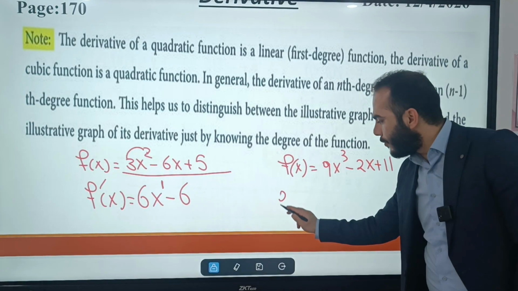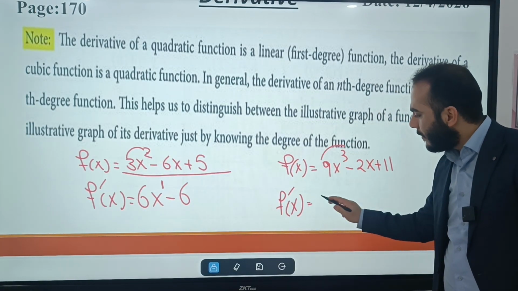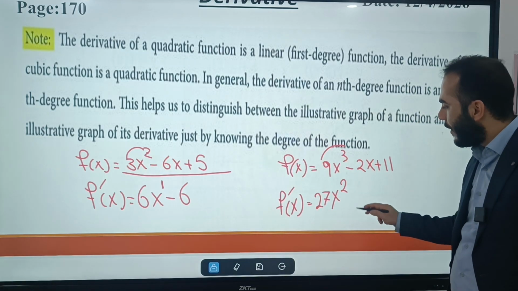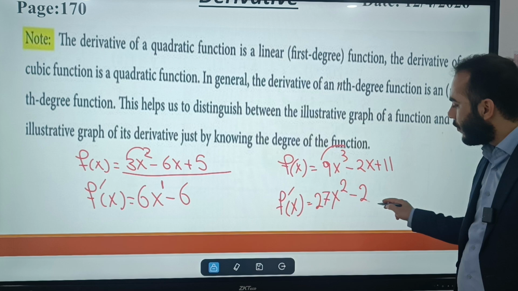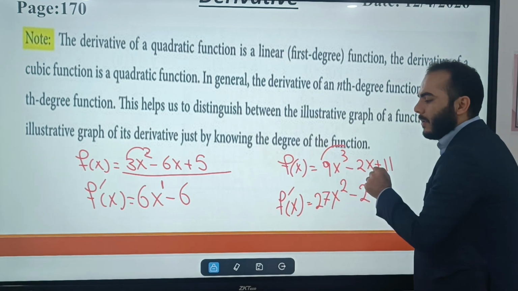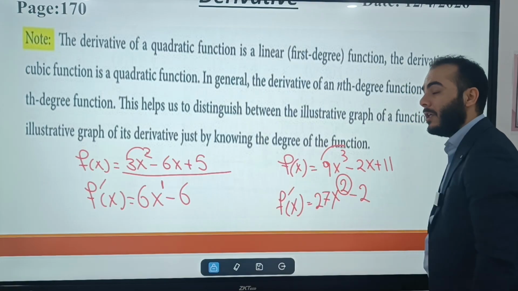So its derivative would be f prime of x equals 3 times 9, 27, x to the power of 1 less, so 2, minus the derivative of 2x, which is 2. The derivative of 11 is 0. Now, the original function is cubic, but the derivative is quadratic. Why? Because the highest degree is 2.